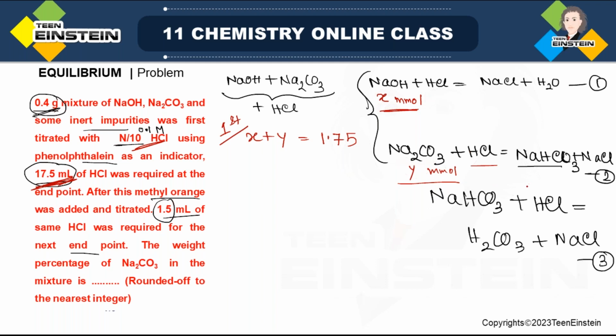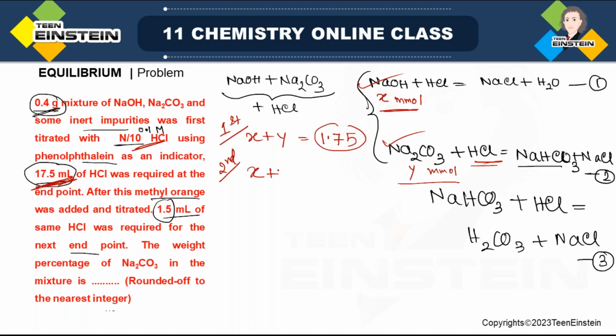That means when it is X millimole of NaOH, X millimole of HCl is required. When it is Y millimole of Na2CO3, then Y millimole of HCl is required. So the total millimole of HCl for the first titration, where these two reactions are occurring, is 1.75 millimole.